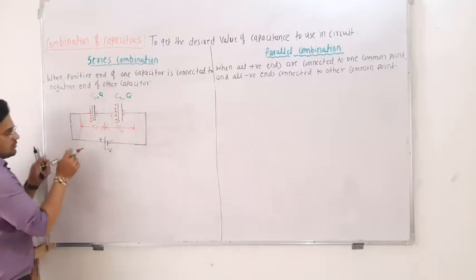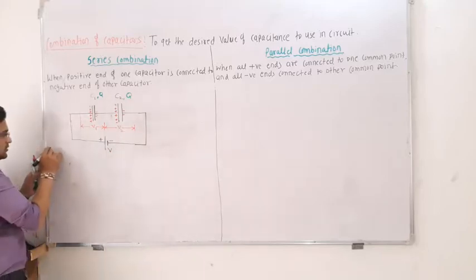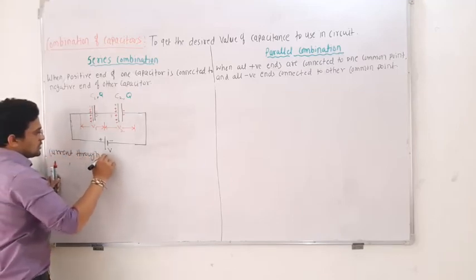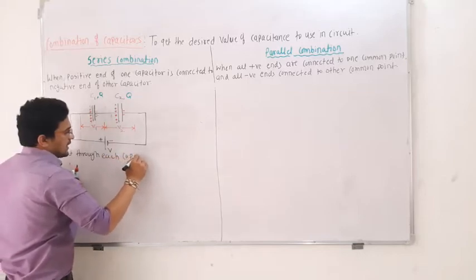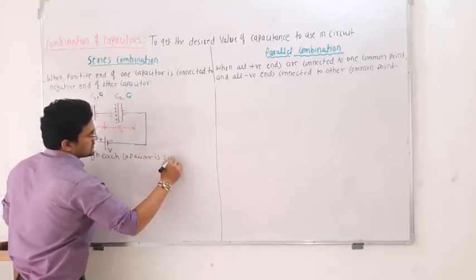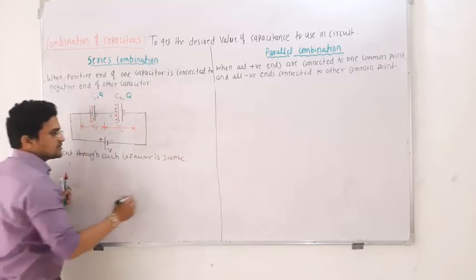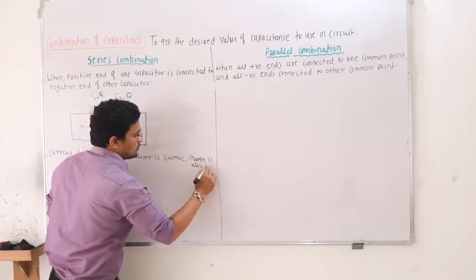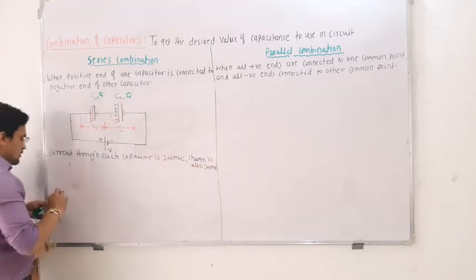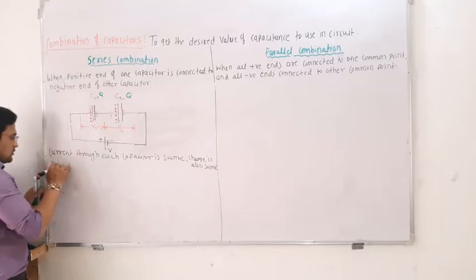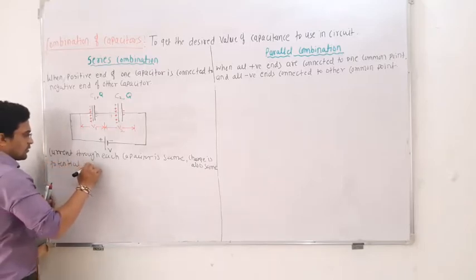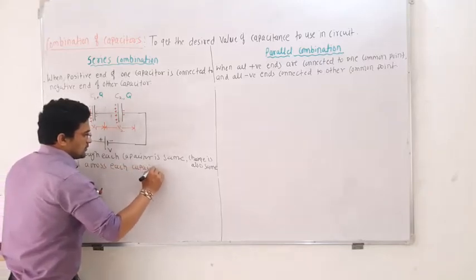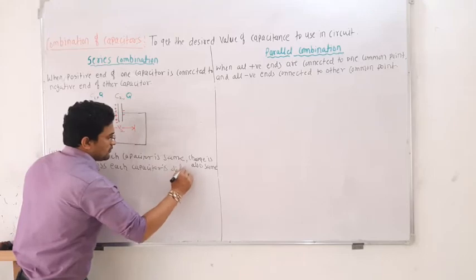Okay, so in this combination, the current through each capacitor is the same. Hence the charge is also the same. But the potential across each capacitor is different.